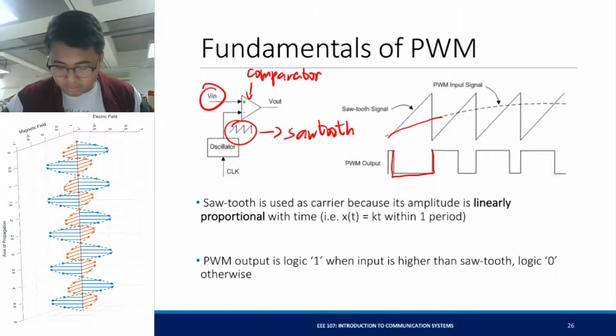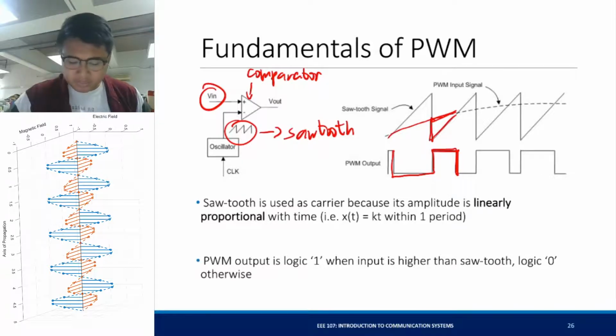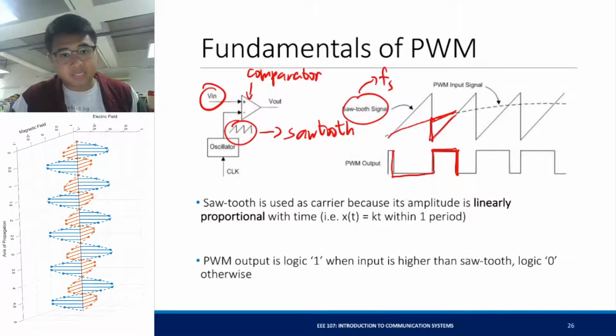And when your sawtooth signal is less than the input signal, your pulse value is high. Okay? And the frequency of the sawtooth signal would be the sampling frequency of your PWM signal. Okay?